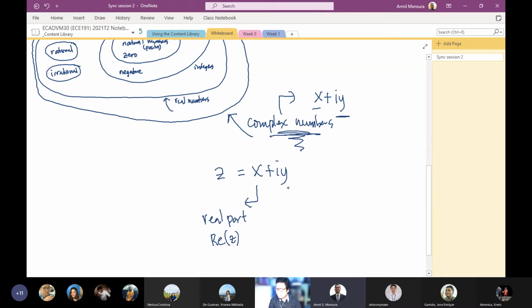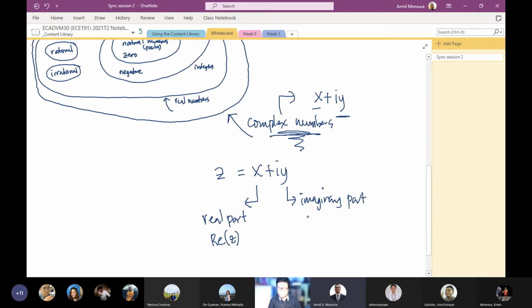While y here, the one that is multiplied to i, which we call the imaginary unit, yung y here is called the imaginary part of z.